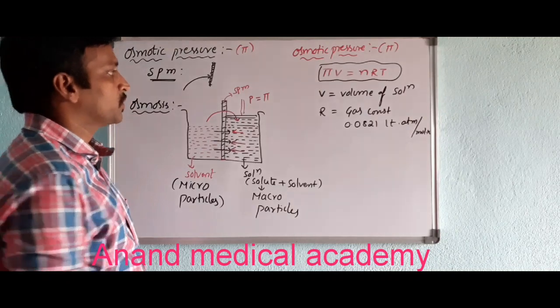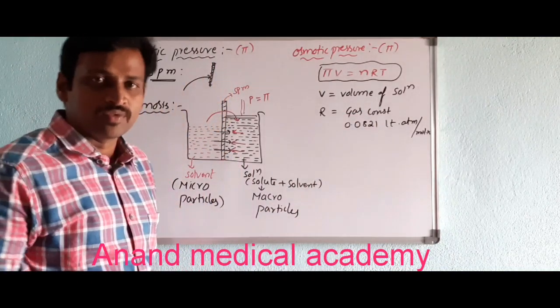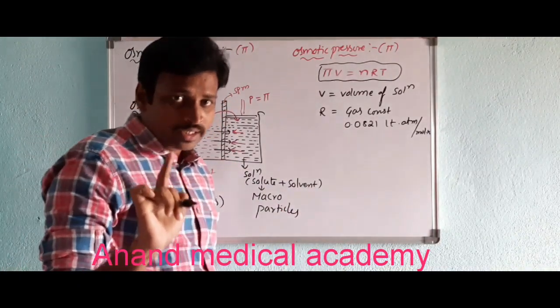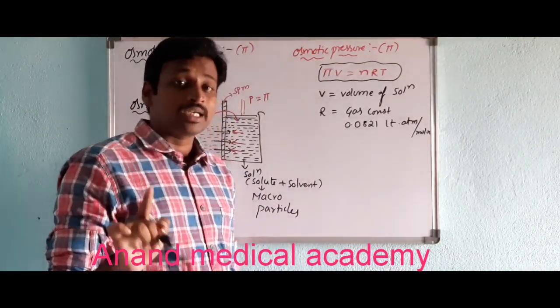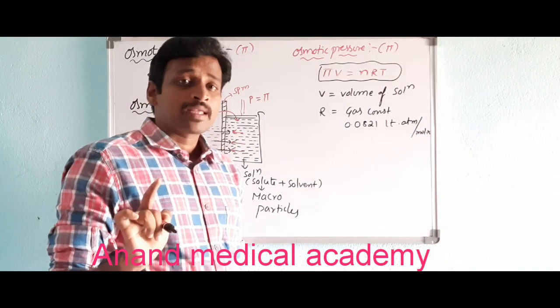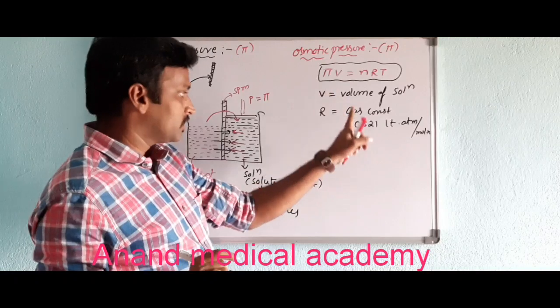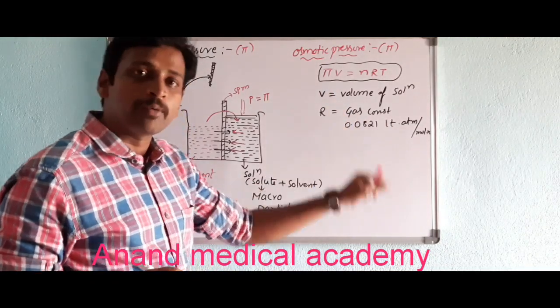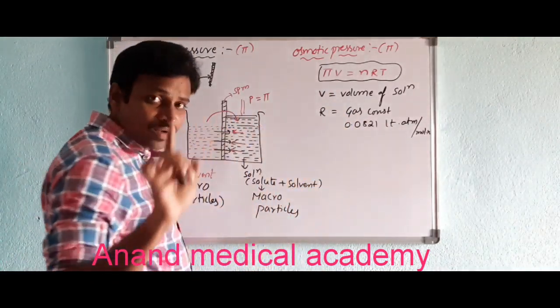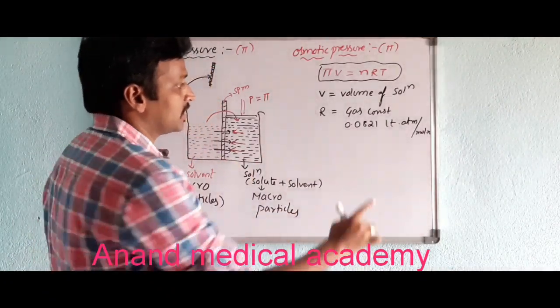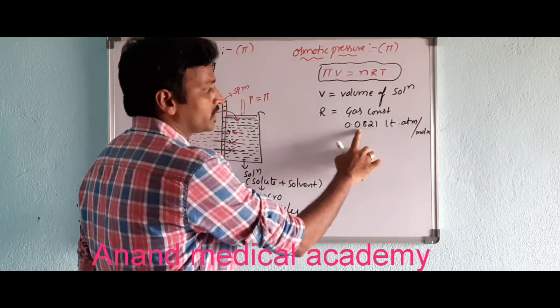R is a universal gas constant, as we know. We can use 8.314 only if the pressure is in the SI unit, that is Newton per meter square. Otherwise, if pressure is given in atm and volume in liters, then we have to take this R value.